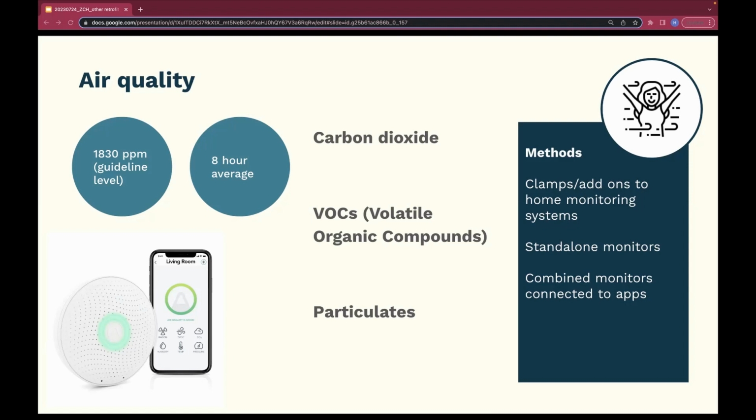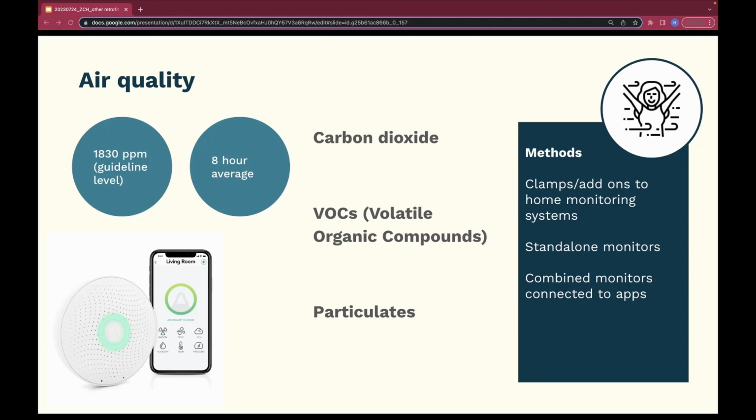In terms of building regs, there isn't actually a specific limit on CO2, but they do have a guideline level. So it's 1,830 parts per million. What we're interested in with CO2 is that cumulative build-up over a day, so an 8-hour average.